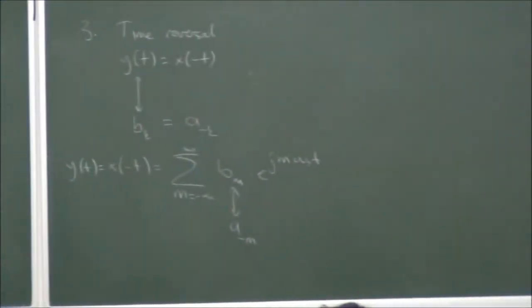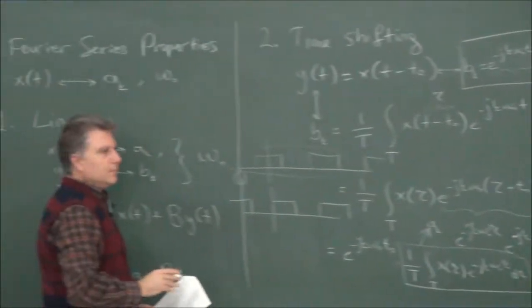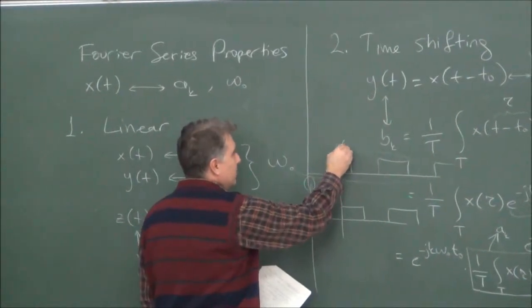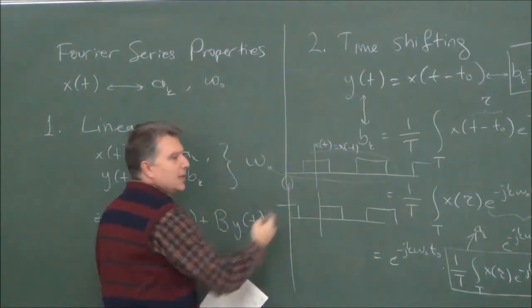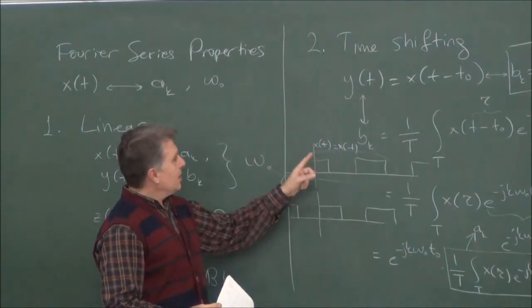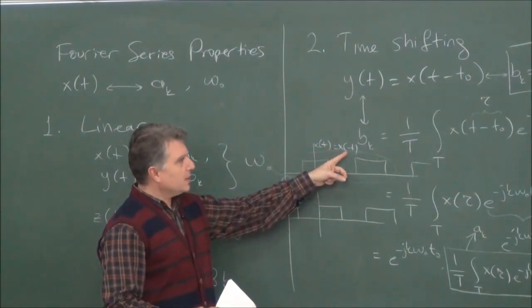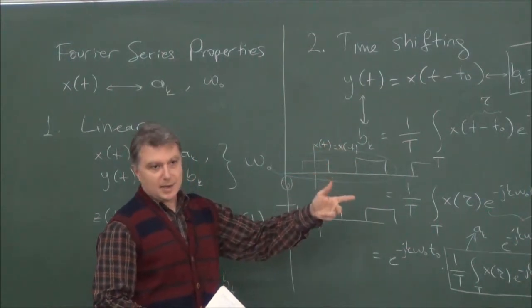But notice that the question that we have solved was regarding this one. And here, if this is x of t, that is also equal to x of minus t because it's an even signal. It is completely symmetric around the origin. Since x of t is equal to x of minus t, I can say that a of k is equal to a of minus k.